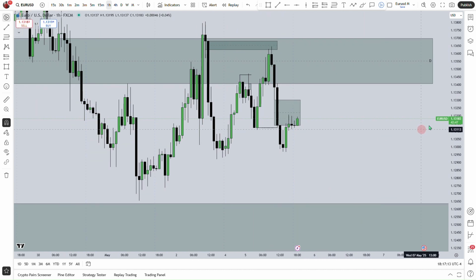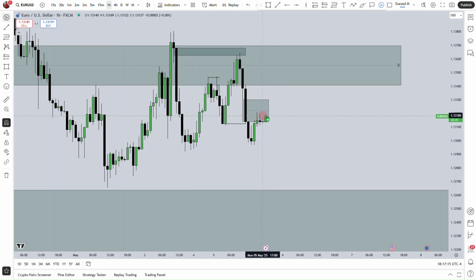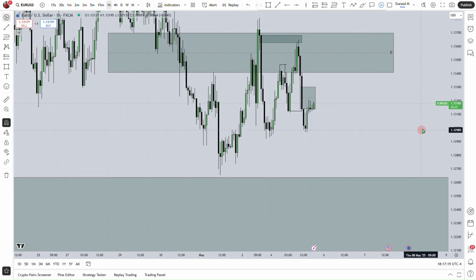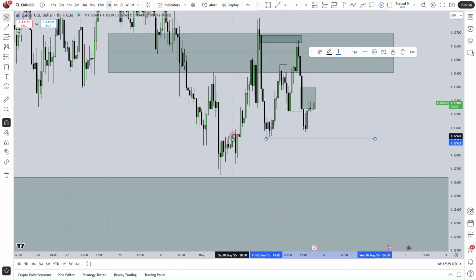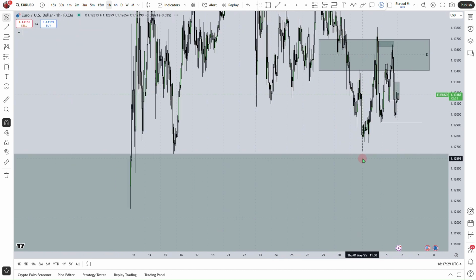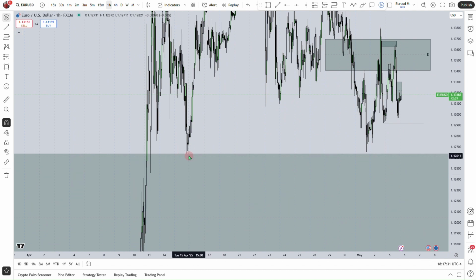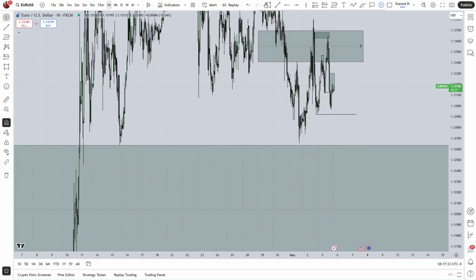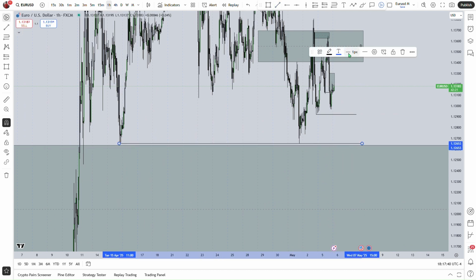So on Tuesday, price might start moving towards the downside, taking these lows. These are relative equal lows. All these lows are relative equal lows. And we also have these lows, this low and this low. These are relative equal lows. Price will also take these lows.